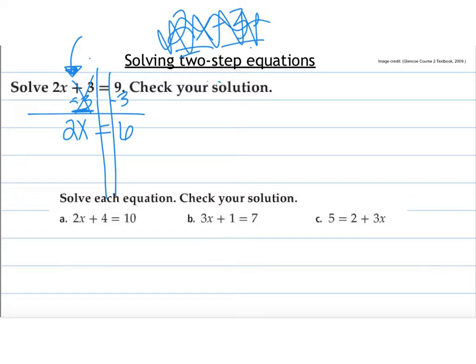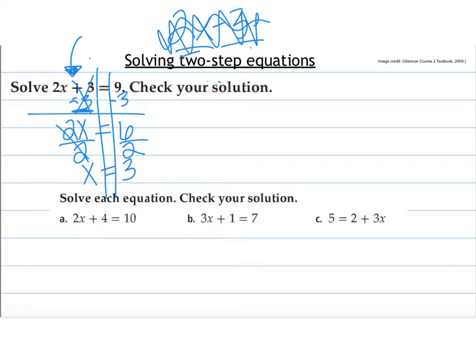So 2x equals 6. Now we have to do our next step, which is getting rid of our 2. X is being multiplied by 2, so we do the opposite. That cancels out, so we have x equals 3. This is when it's even more crucial and more important to check your work.